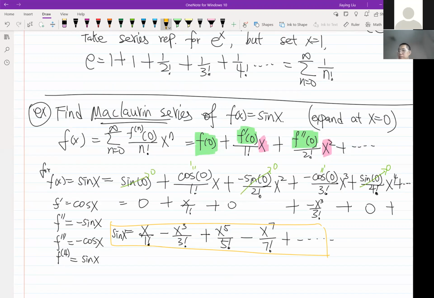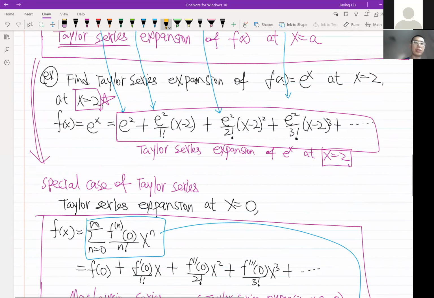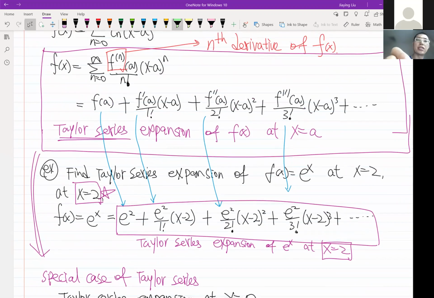Any questions about this example? So the thing about finding the Taylor series expansion or the Maclaurin series is that it's really not that challenging. Obviously, you have to know what the formula looks like, right? But in the formula, if you want to use it, you have to be able to find the derivative. So you just take the first derivative, take the second derivative, the third one, the fourth, because those will help you to find the coefficients for each term there.